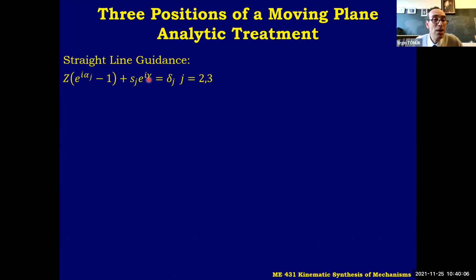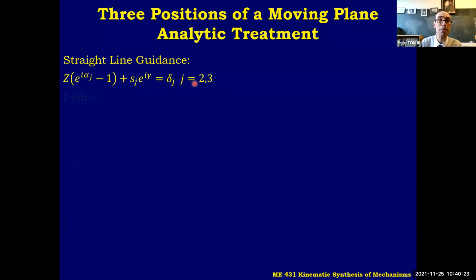Now, the good thing is it's only nonlinear in gamma, and I have a free parameter. So I can keep the orientation of the slider axis as my free parameter if I like.